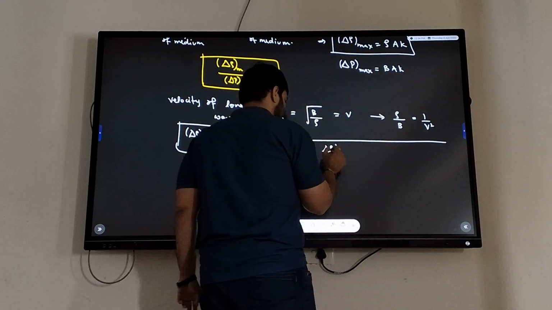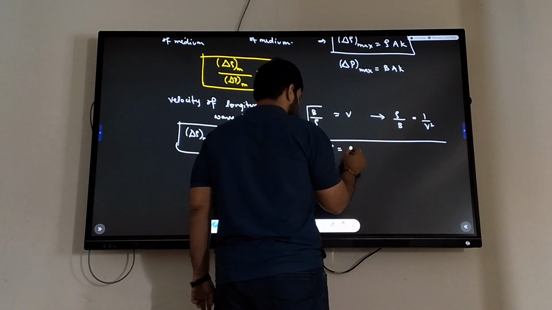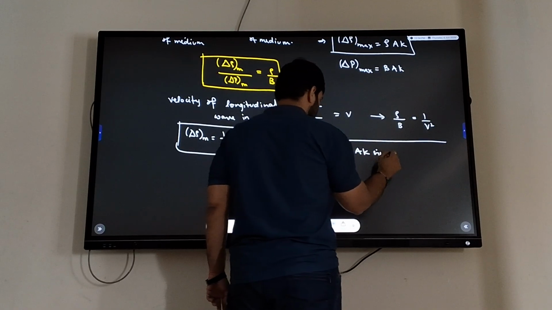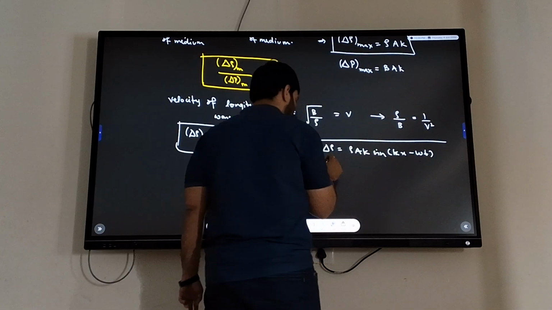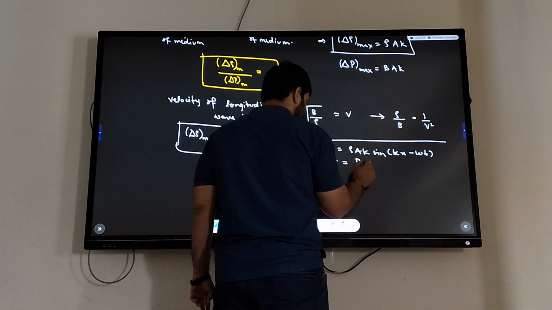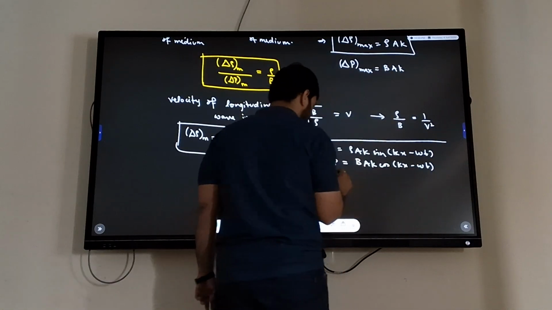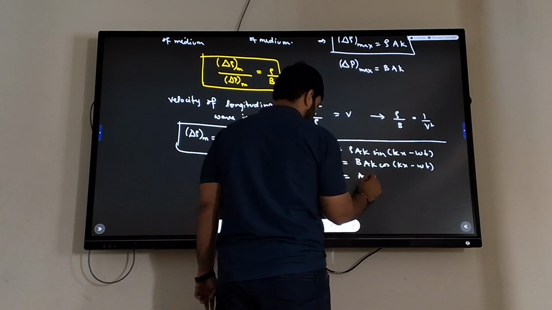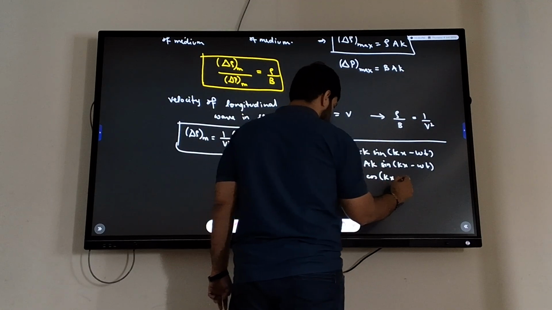I have delta rho as rho a k sine kx minus omega t, delta p as B a k cos kx minus omega t, and y is equal to a sine kx minus omega t.